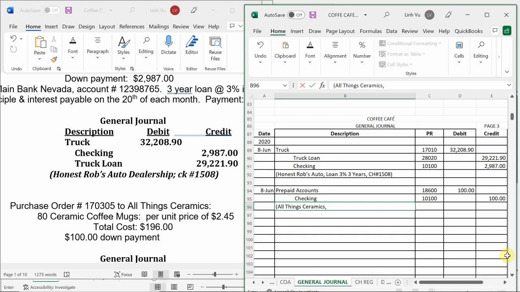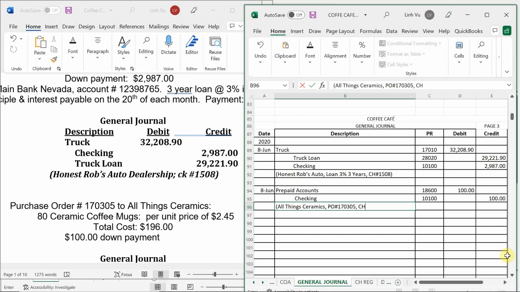In this case, if I just put in purchase orders, right? Purchase order number 170305, right? That should pull up my information on the things that I ordered. Okay, I ordered 5 coffee ceramic mugs, right? And so on and so forth. And of course, other things I need to put in here.